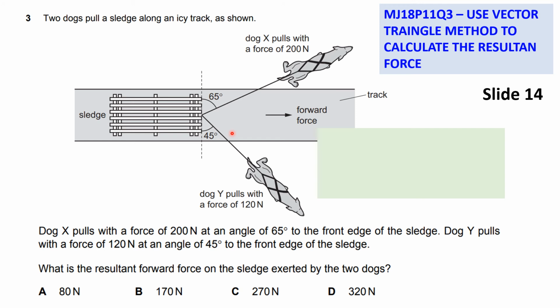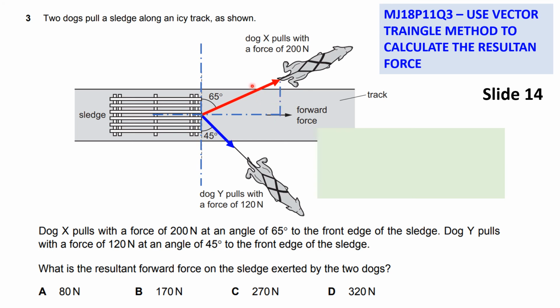So first, let me identify both forces here. This is the 200 newtons with the red arrow, and this is the 120 newtons, this blue arrow. Now I'm going to draw the X and Y grid. This is Y, this is X. Now I'm going to project this red arrow, which corresponds to 200 newtons, to this X direction, because the problem is asking for the forward force.